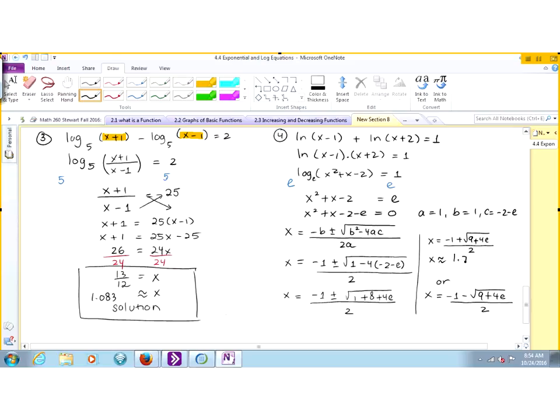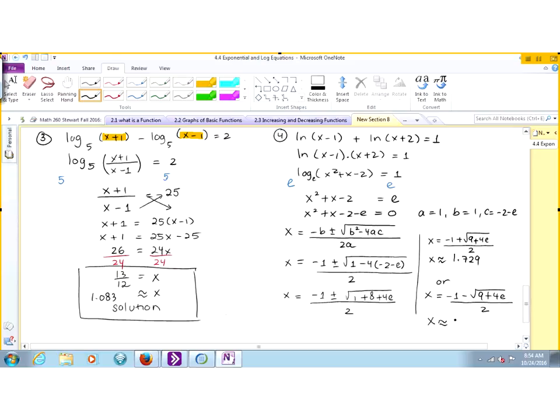So it's approximately 1 point. Can you tell me what the value is? Did you guys get that?